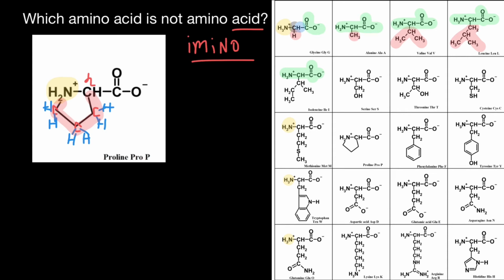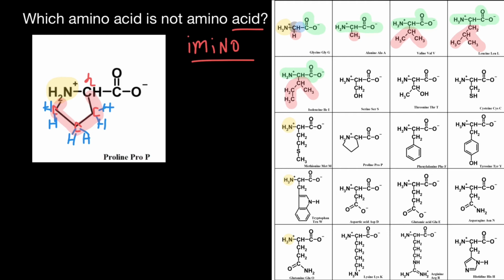Another example would be here. You see this R chain also consists of only carbons and hydrogens. So this amino acid is also going to be non-polar, as well as all these amino acids.